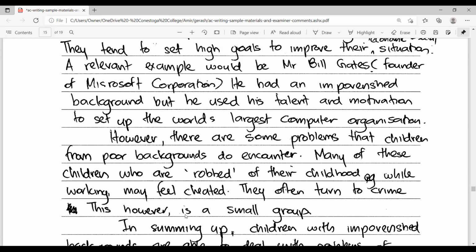So this is a small sentence, but just mentioning that it is for a small group of people, or it can even be a solution. So for this sentence, everything is okay, but the only problem for this penultimate paragraph was that it is overgeneralized. No, not any other problem.